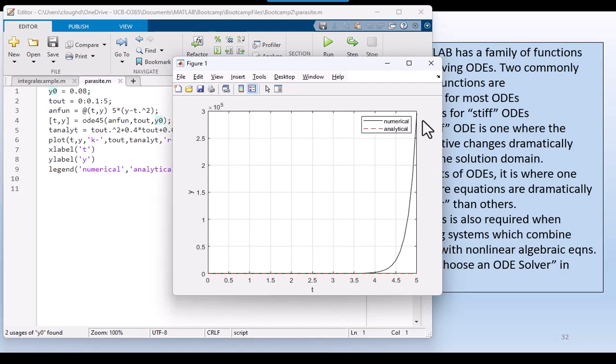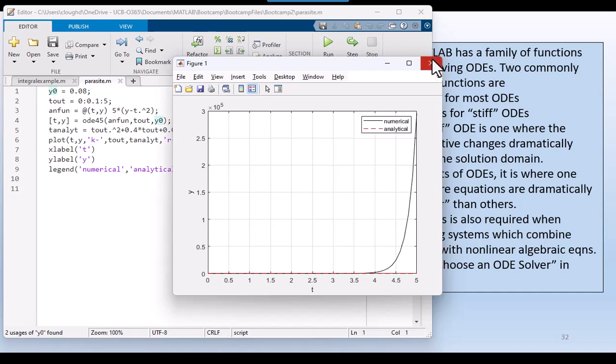So obviously the numerical solution has run into a problem here, and a reason for this is because of the nature of this equation, which is called a parasitic equation, and it has a part of the solution sort of hiding in the background, which is an exploding exponential. And we won't go into too much analytical detail to describe that here.